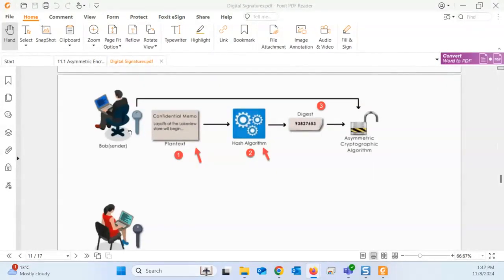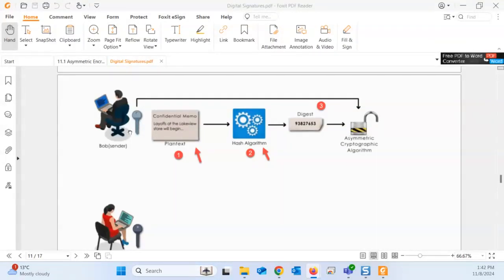That digest will be like 938, whatever you are seeing on the screen. And then using his private key, he encrypts that digest. The message will still be visible to everyone, but the integrity of the text will still be maintained, so it is not changed.